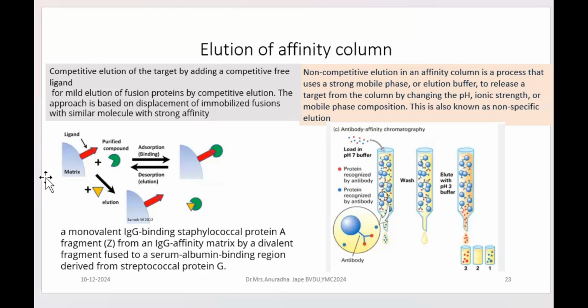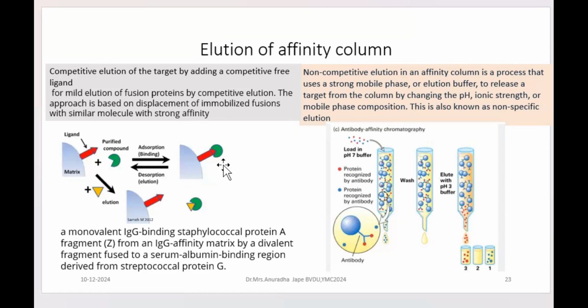If you see this schematic diagram, the matrix is there onto which you have fixed the ligand, and then the purified compound having biological specificity for the ligand will get attached onto it. So your column is now ready. It is run. It is developed. The next step will be elution. So the analyte of your interest is to be displaced from the bound ligand. How can it be done?